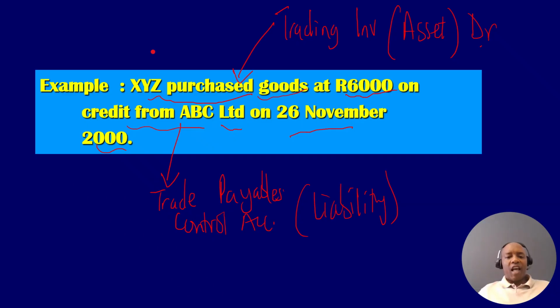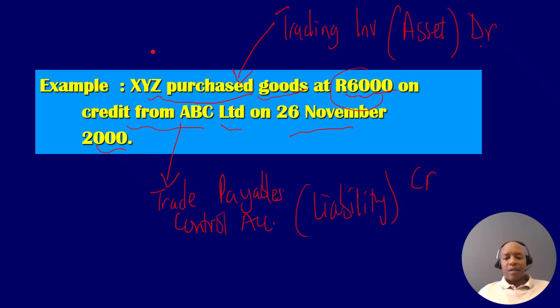On the other side, we are increasing our trade payables, we are increasing our liabilities because we are buying more on credit. So our liabilities are going up, so it's going to be credit. The amount is given as well. So we can now go ahead and record this transaction in an accounting equation.